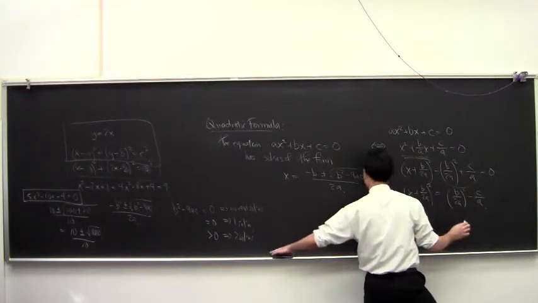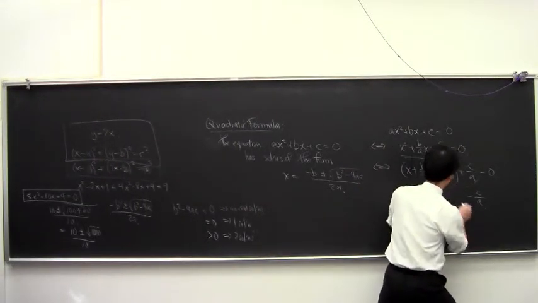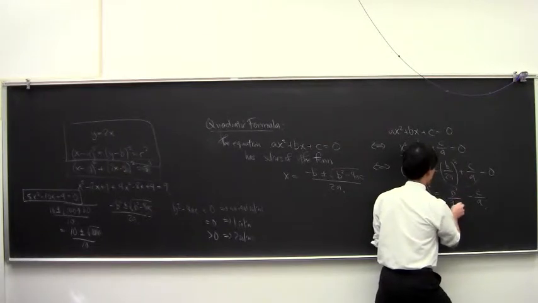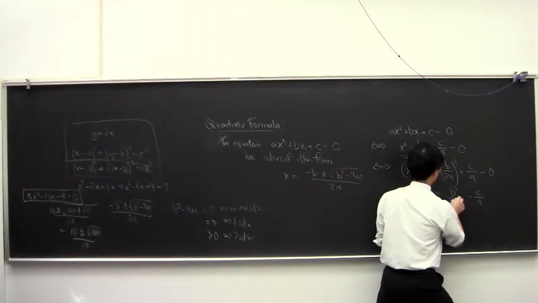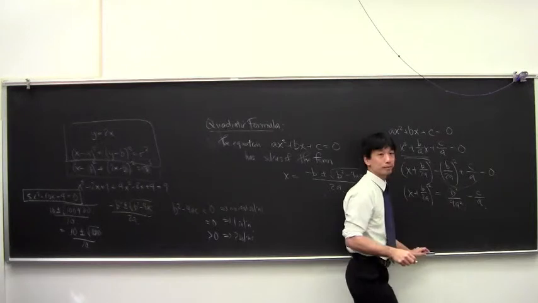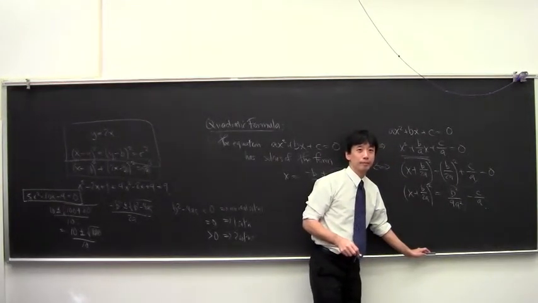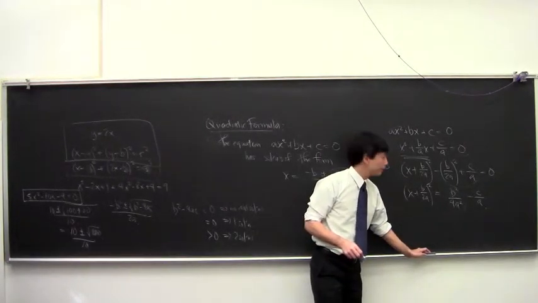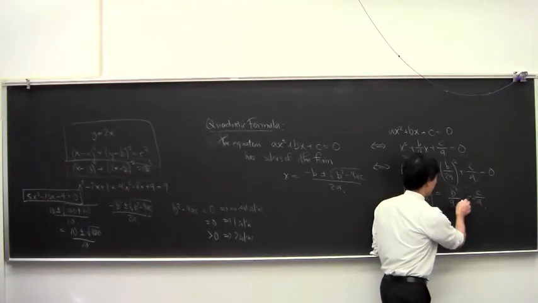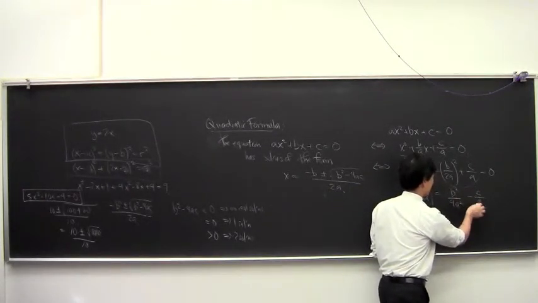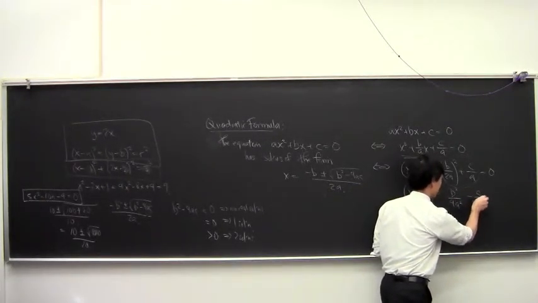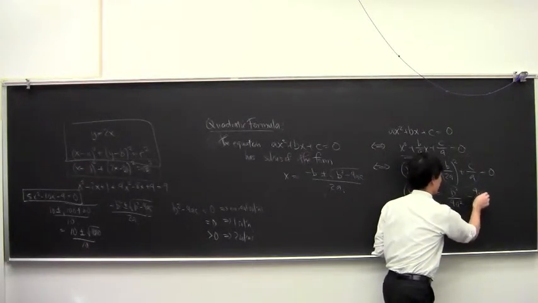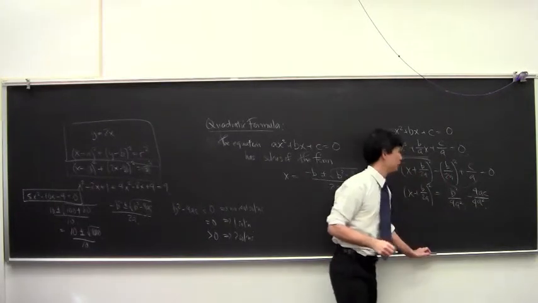Let me spell this out a little: b squared over 4a squared minus c over a. Then let me find a common denominator. Multiply by 4a on the bottom and 4a on the top.